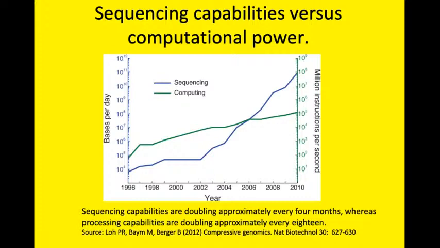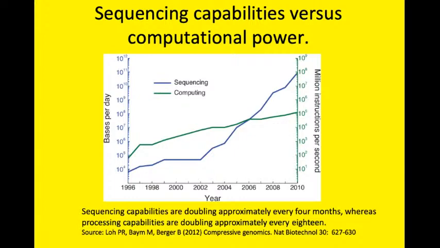Then sequencing capabilities versus computational power. You can see the green line showing the computational power, which is going straight forward but increasing every 18 months, whereas your sequencing capabilities are increasing every 4 months.